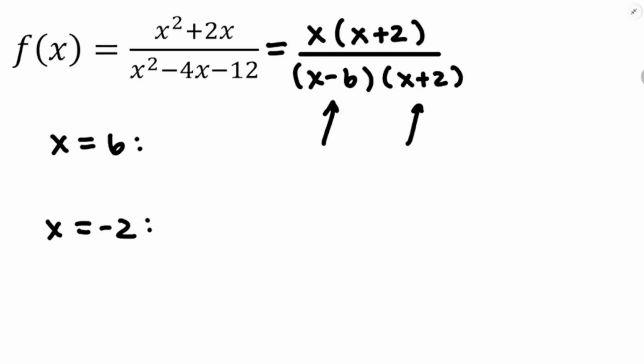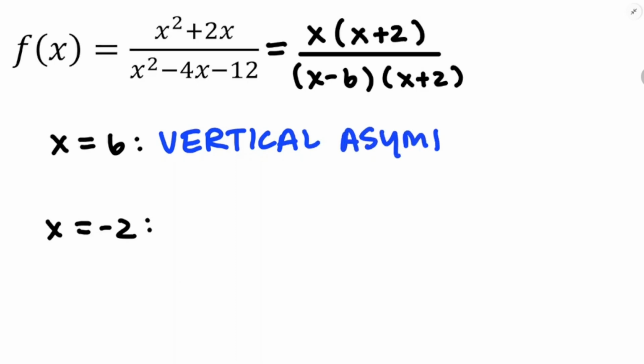For x equals 6, I'm not seeing an identical factor in the numerator, so that's going to be a vertical asymptote. That's a non-removable discontinuity. But at x equals -2, there's going to be a hole in the graph because I'm seeing that identical factor. I can cancel them off, so I'll say hole in the graph or removable.